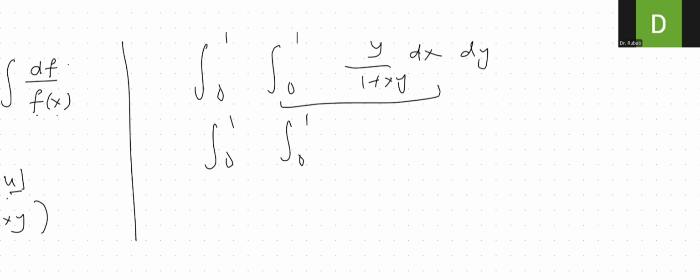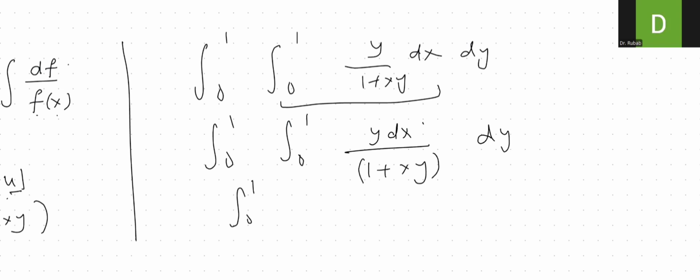Okay. Now y dx is the derivative and 1 plus xy is the function. This is the function, this is the derivative. So we have the natural log of 1 plus xy, right? And dy with the limits 0 and 1.